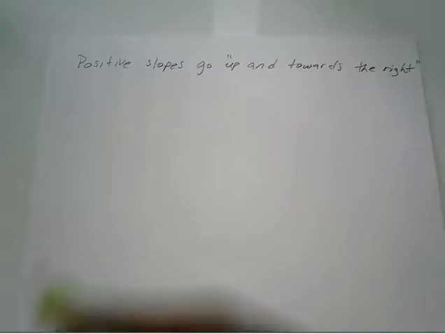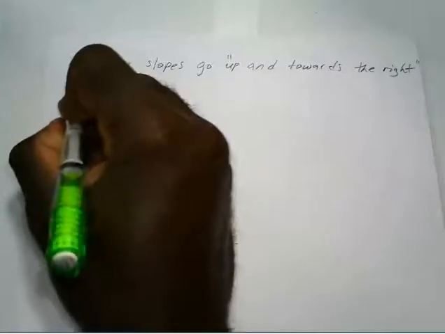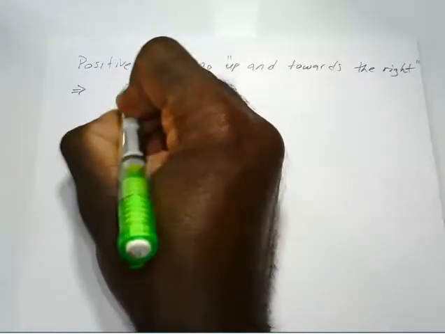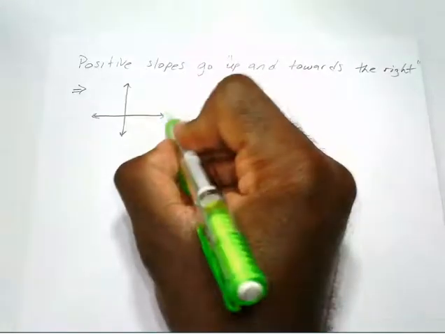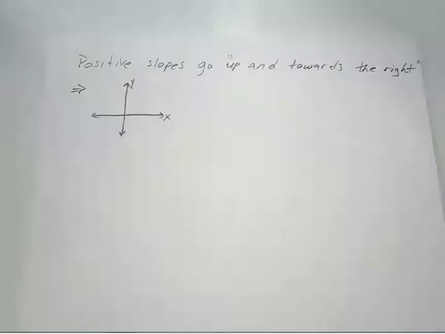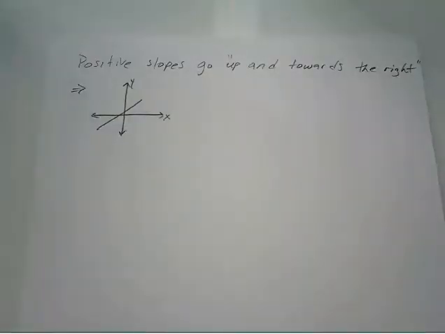Okay. So for example, let's say that's your x-axis and that's your y-axis, that graph, that line would have a positive slope.